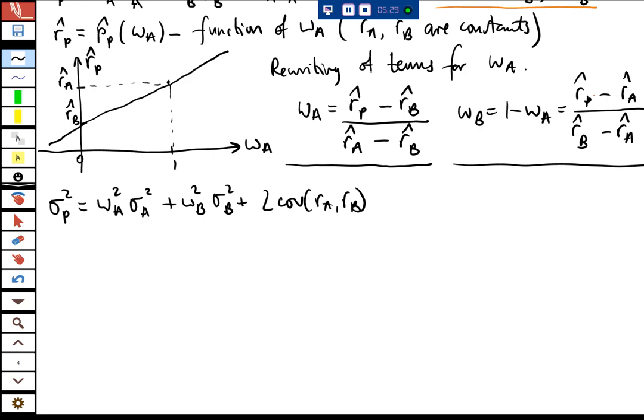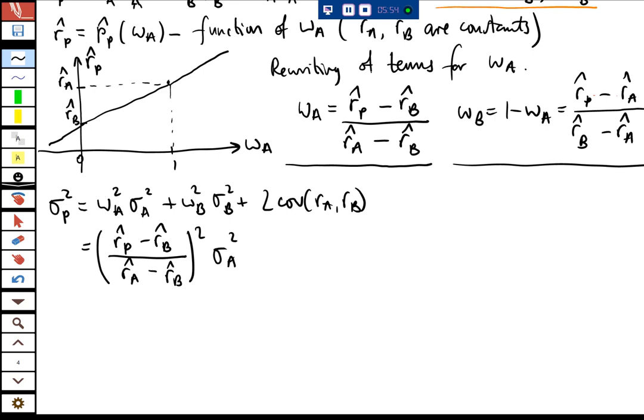Okay, and we can drop the omega's into this. So the first term, omega A squared, is this one.